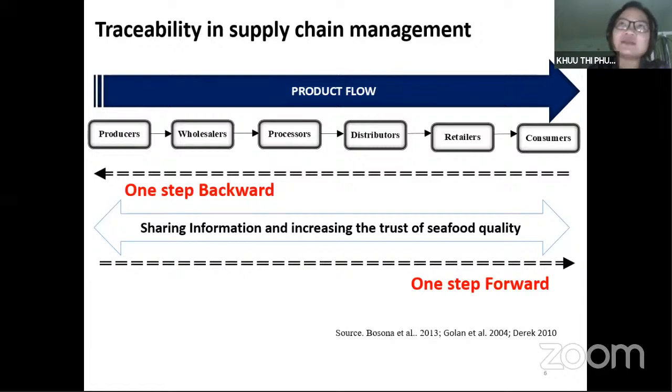It can then help us identify from whom and to whom the food products are distributed or provided. Therefore, it's useful in increasing the trust and confidence of seafood quality. It's a tool. Please consider that.